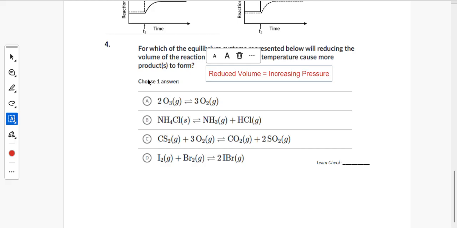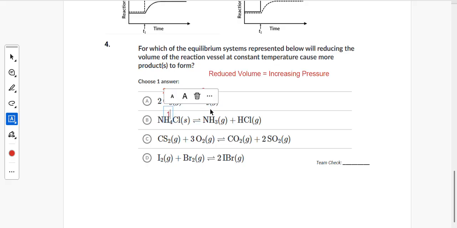Let's head back over here and take a look really quick. For A, we have 2 molecules on one side and 3 molecules on the other. Right here, we have 1 molecule, and on this side we have a total of 2 molecules for B. For C, it looks like we've got 4 molecules on the left and 3 molecules on the right.